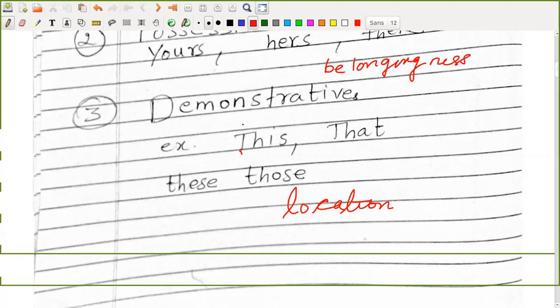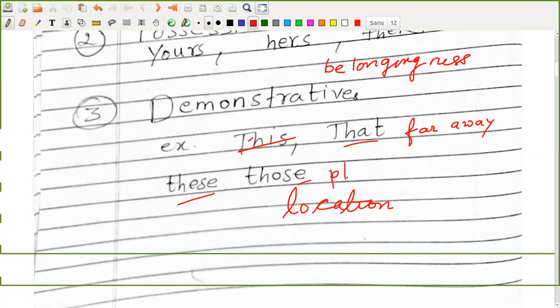This and these are for nearby things, and those and that are for far away things.